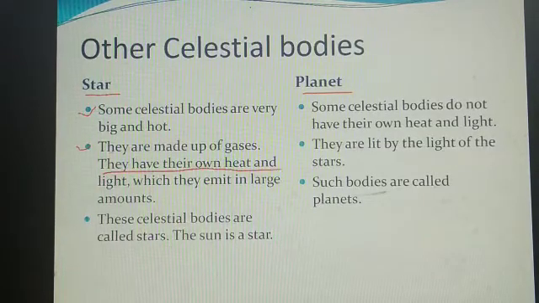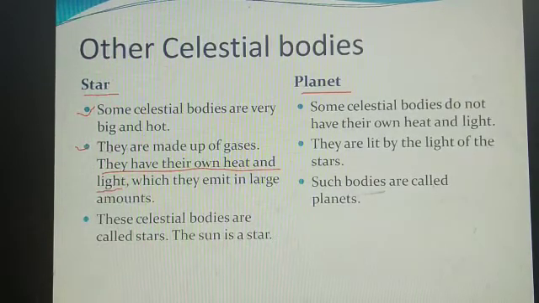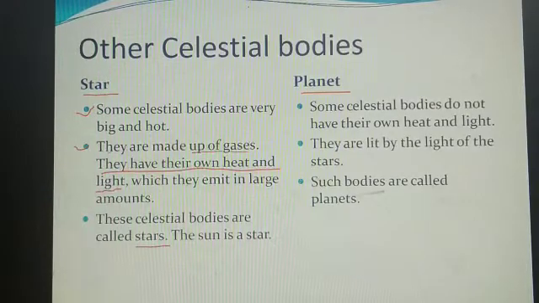Stars have their own heat and light, which they emit in a large amount. These celestial bodies are called the what? Star. That means stars have their own heat and light, and they are made up of the what? Gases.